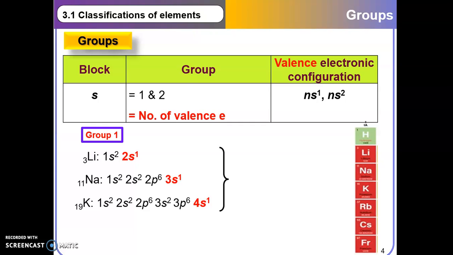For S block elements, the number of valence electrons will tell us the group number. So all these elements must be in group 1.